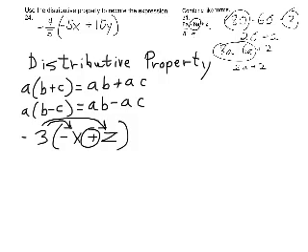We get 3x. And then we have a negative 3 times z. So the z is a positive, the 3 is a negative. We get a negative 3z. And that's all we can do with that, because we just saw that these are unlike terms, right? We don't know what the z and the x are, so we can't go any further than this. The only other thing we can do is take a 3 back out by factoring.